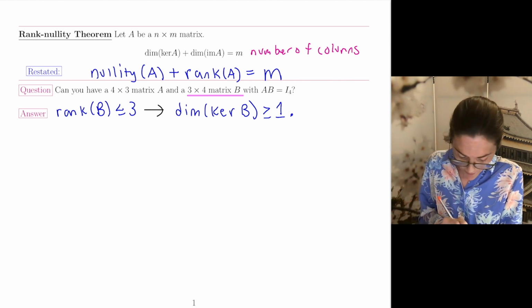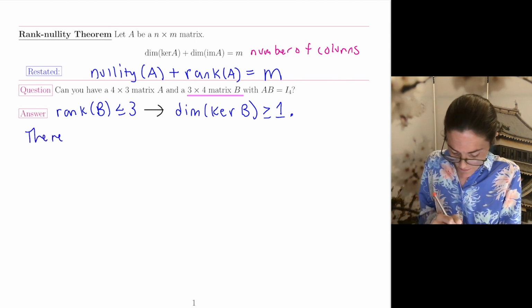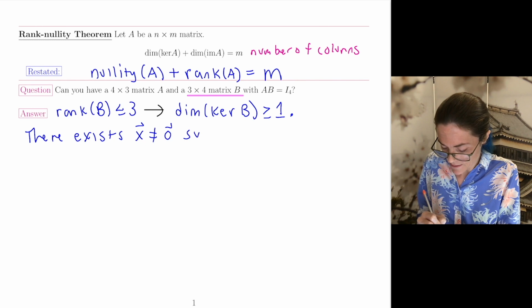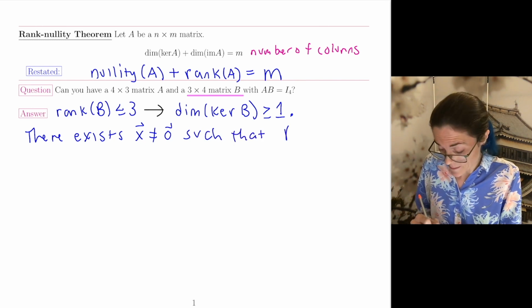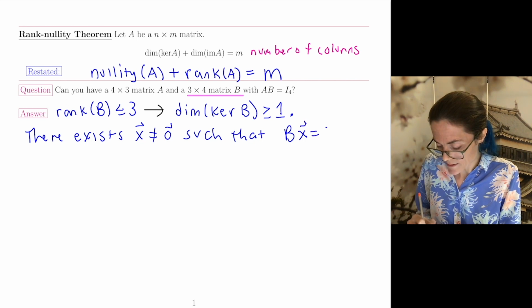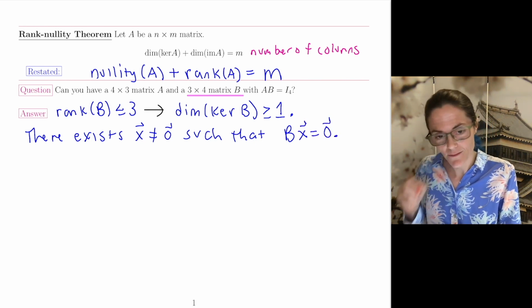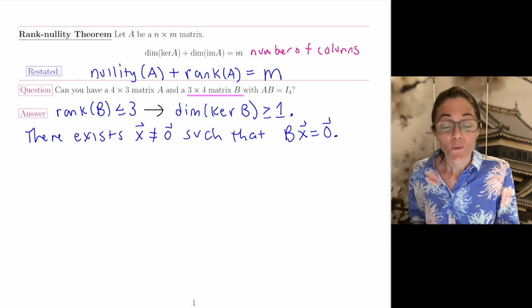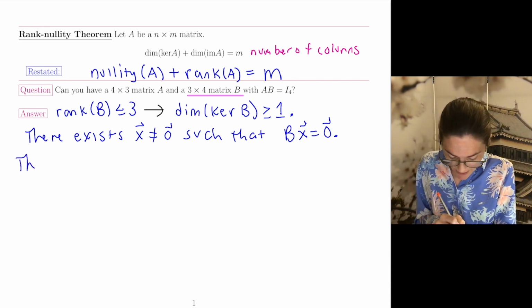Now, therefore, there exists an x not equal to 0 such that if we take B times x, we get 0. This vector x is in fact in the kernel of B. Well, let's just multiply.